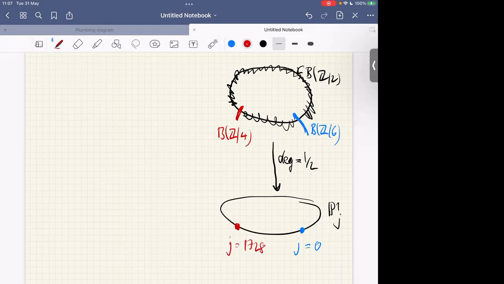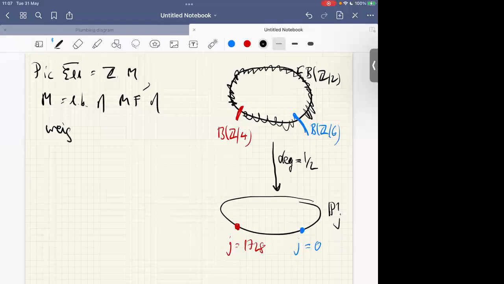And the Picard group of the stack, because of its description as a Proj, is infinite cyclic, generated by M, the line bundle of modular forms of weight 1, and its degree is 1/24. And what is M?